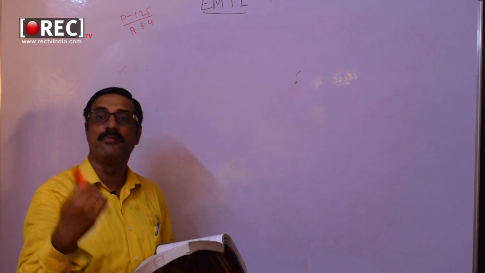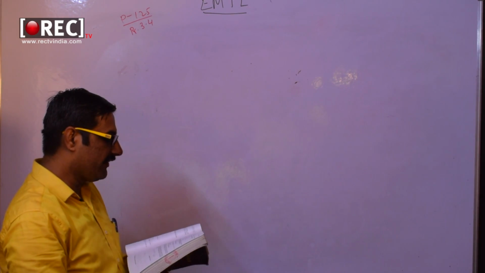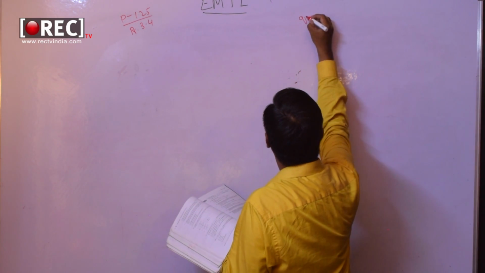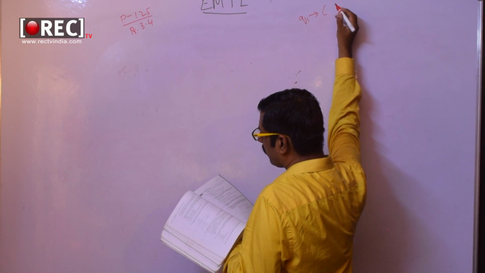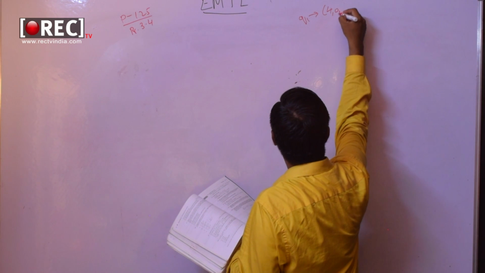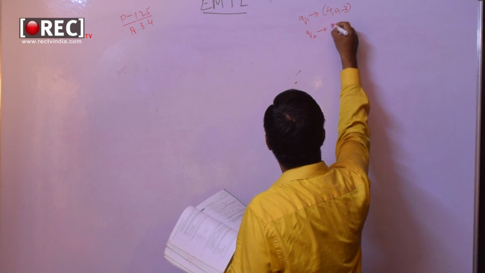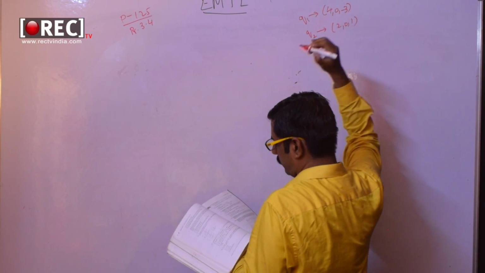the problem number is 3.4. Okay, now he says that two point charges Q1 and Q2 are located at, so he says that Q1 is located at 4, 0 and minus 3, and Q2 is located at 2, 0, 1.